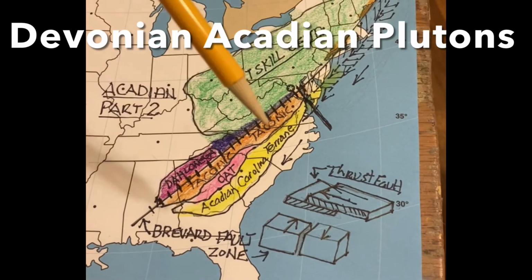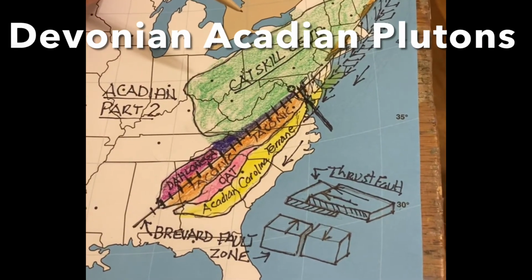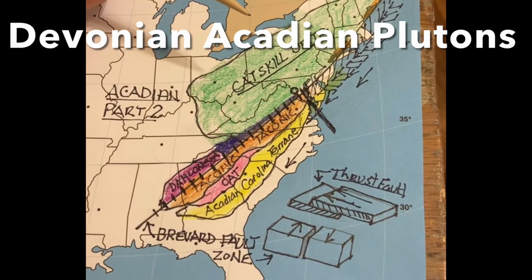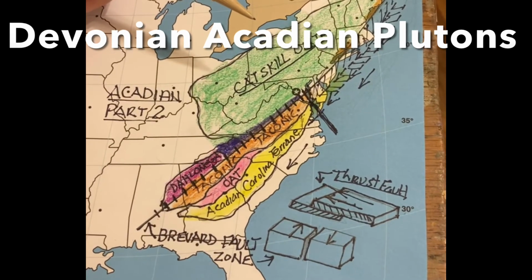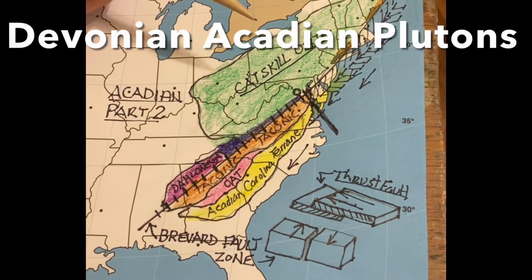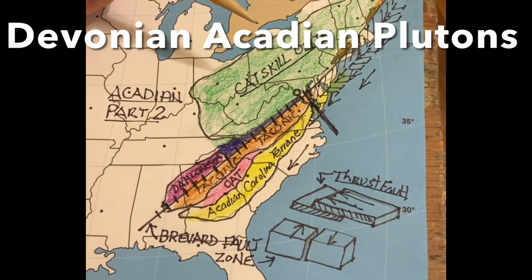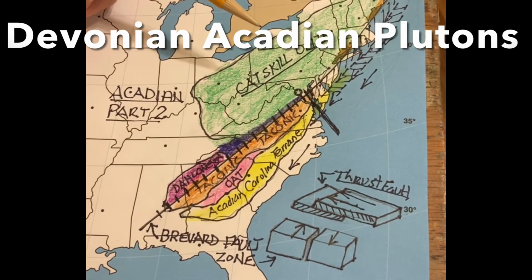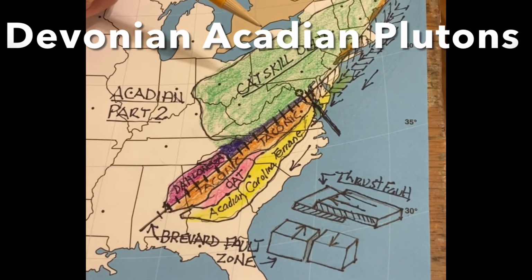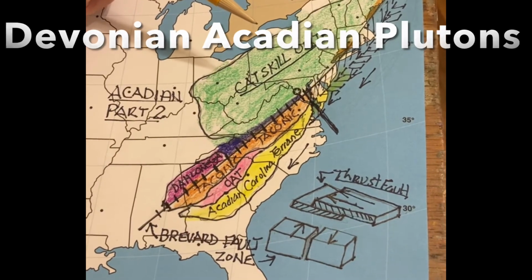That's because during the strike-slip motion, it generated a lot of friction, a lot of pressure, and a lot of heat that melted the granite and granite gneiss of the basement rock and the mainland and reformed it as granite in place during the Acadian mountain building event.